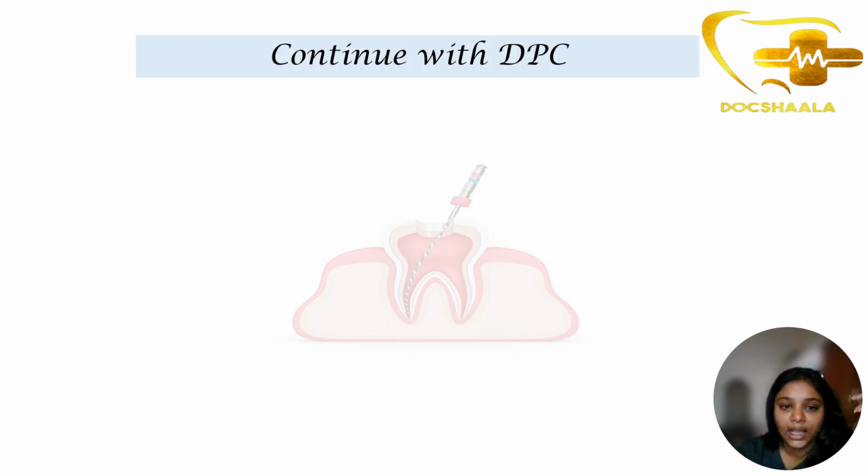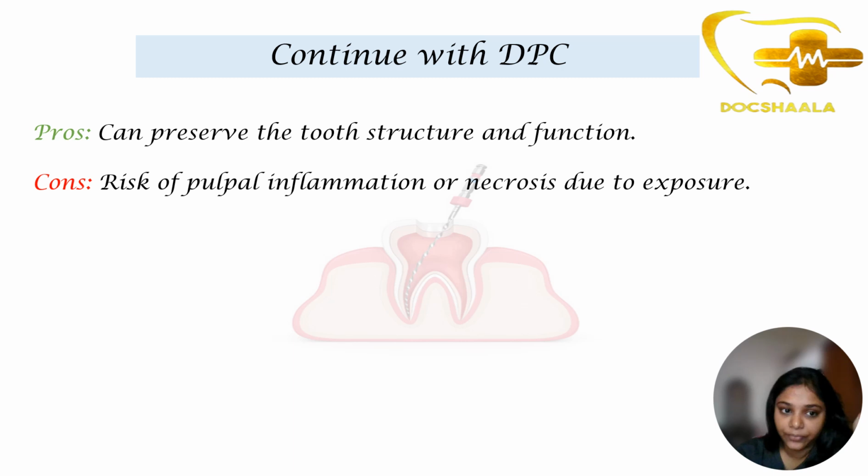So let's go with option A, which is continue with direct pulp capping. The pros can be that we can preserve the tooth structure and the function of the tooth. Since it is an iatrogenic exposure, the exposure will be small, and with direct pulp capping, that is keeping calcium hydroxide cement, there is a possibility that it will regenerate the dentin, right?